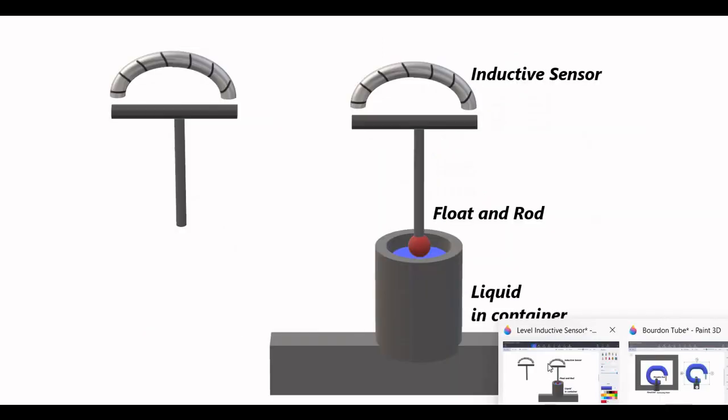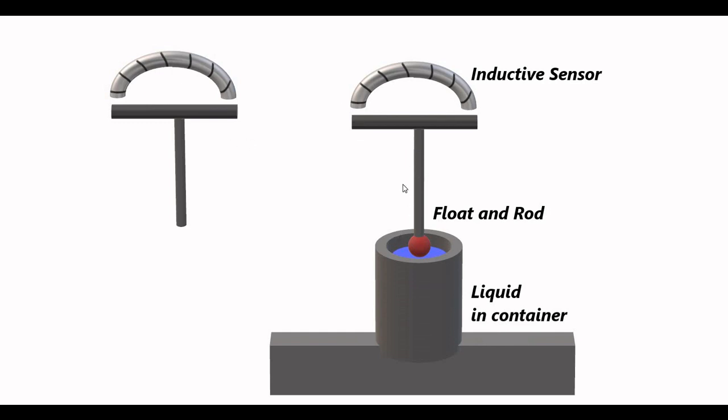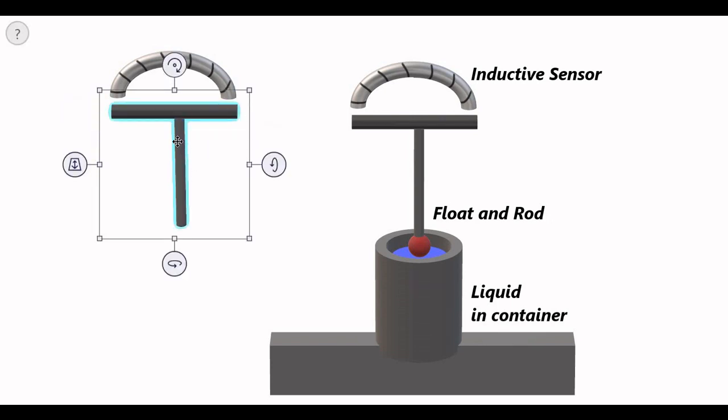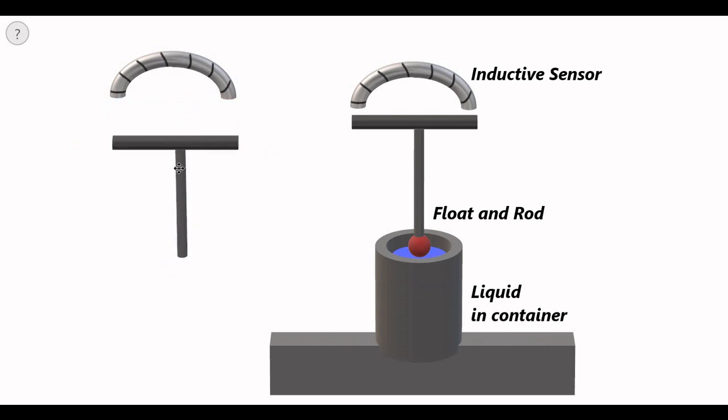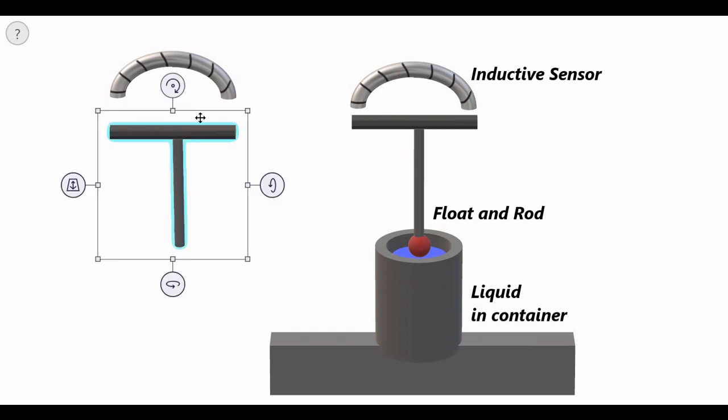Then the float and rod connected to the inductive sensor, the movable armature, when the level of the liquid in the container changes, this moves up and down, and as a result the air gap distance changes.